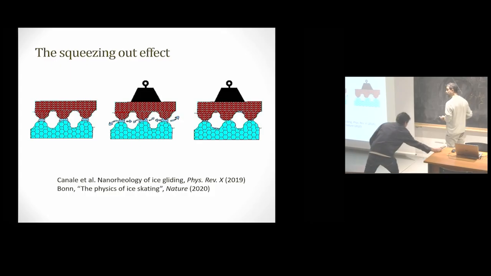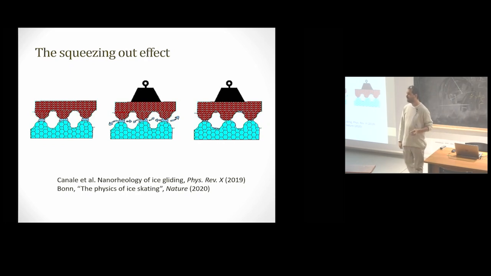What is this? At low pressure, you are here. You have some pre-melting film thickness corresponding to a state of low pressure. What happens if you increase the pressure? You are closer to the melting line. So you're stabilizing the pre-melting film further.